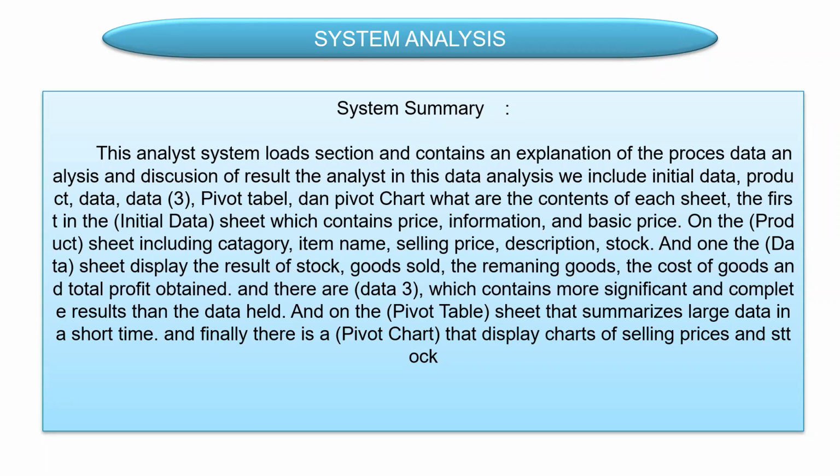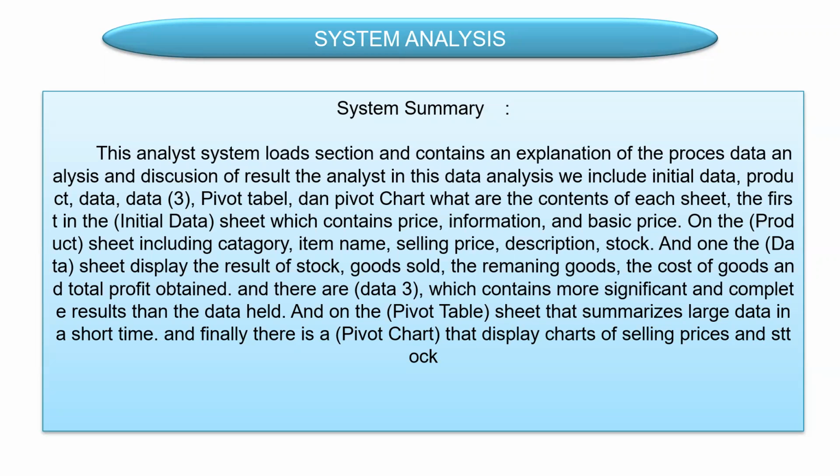First, the initial data sheet contains price information and the basic price of the product. The product sheet includes category, item name, selling price, description, and stock. The data sheet displays the result of stock, goods sold, the remaining goods, the cost of goods, and total profit obtained.